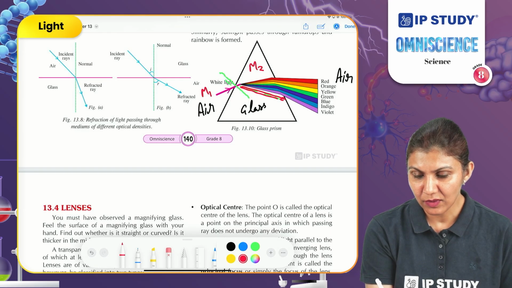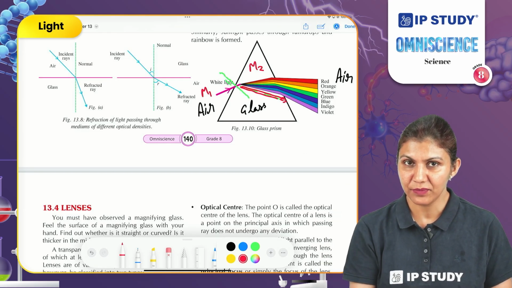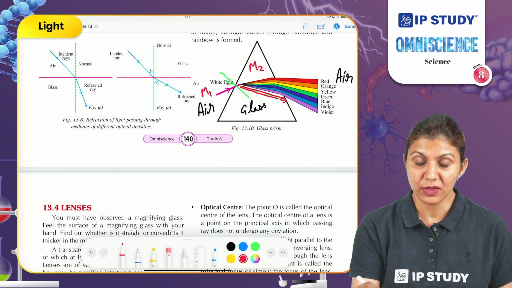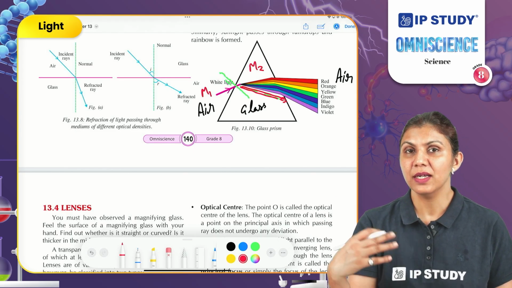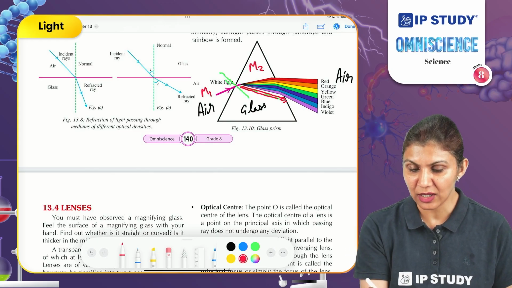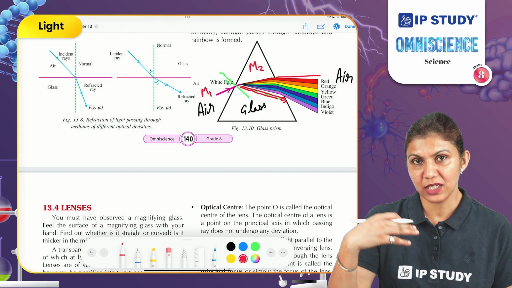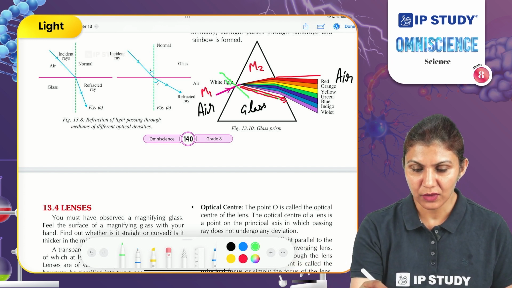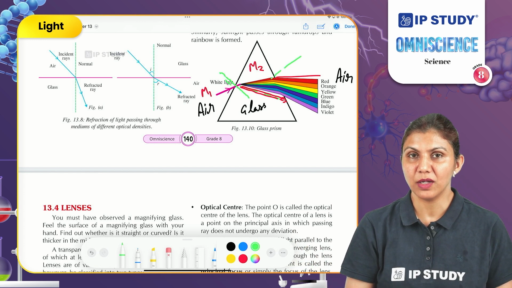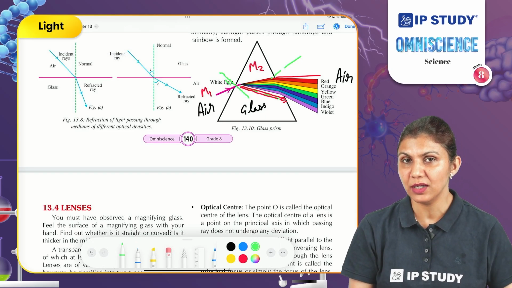When these are going out from the piece of glass, which is a prism here, from the other surface of the prism, so what is happening? It is moving into rarer medium, and that's how they again expand, means move away from the normal. Okay, so that's how we can understand this phenomenon through a prism.